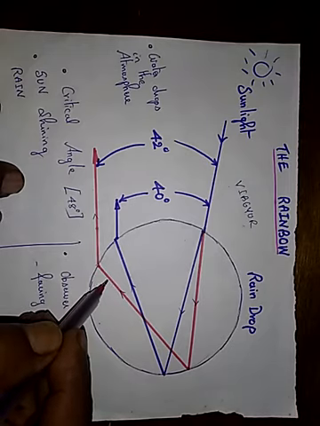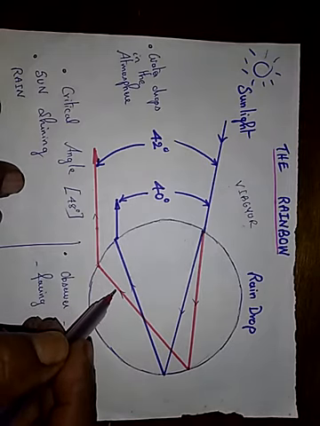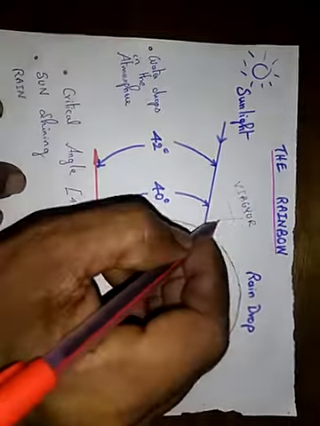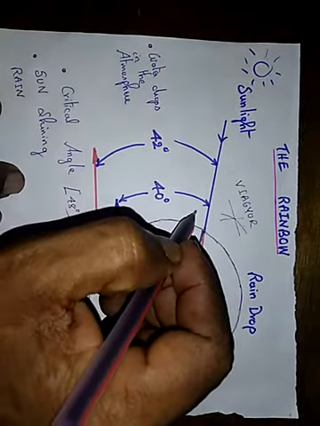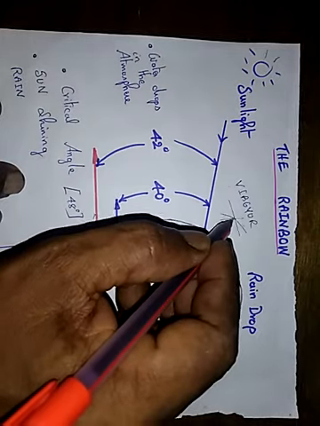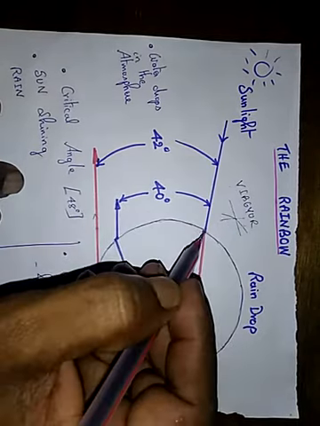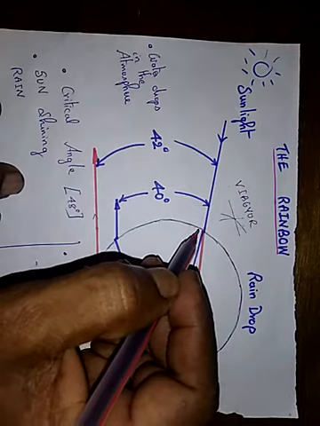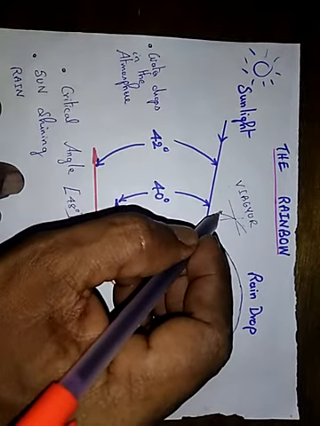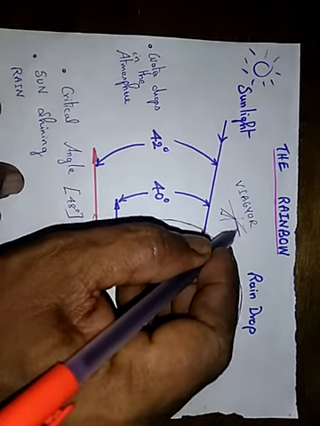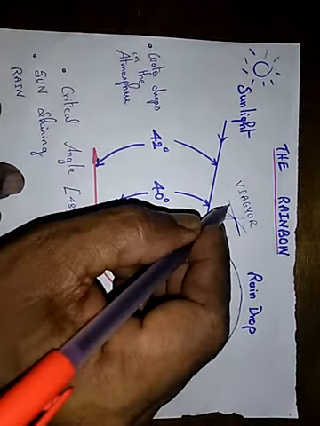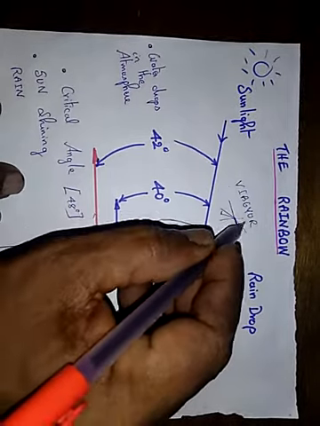So there is something called the critical angle. Critical angle means if a ray enters here and passes through another medium, it goes like this because of two different refractive indices. Now you keep on increasing this angle. At one particular point, this ray will fall exactly along the interface between medium 1 and medium 2.